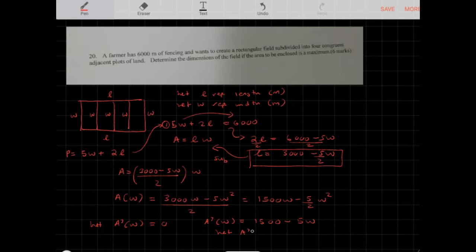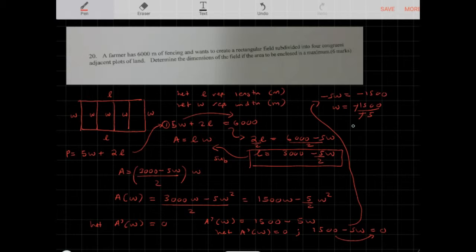And if I let A prime of W equal 0, then 1,500 minus 5W is equal to 0. Negative 5W is equal to negative 1,500, right? Because I'm moving this to the other side. And then if I want to solve for W, W is negative 1,500 divided by negative 5. The negatives cancel out. W is equal to 300.